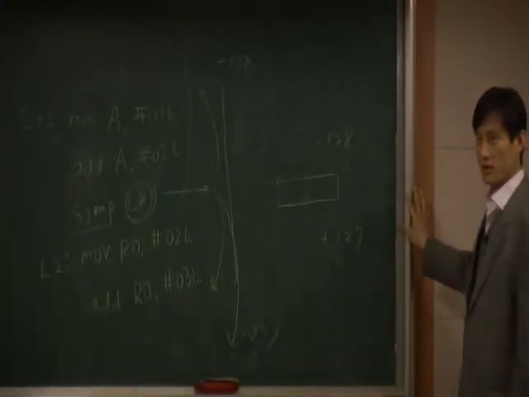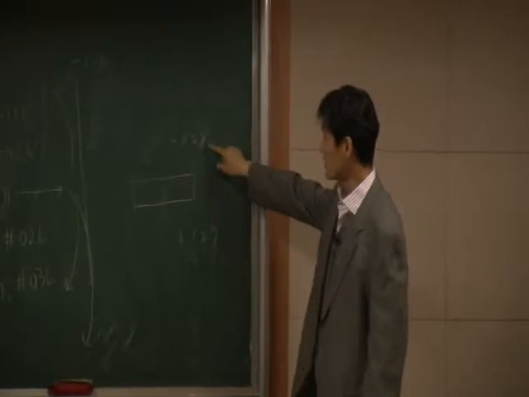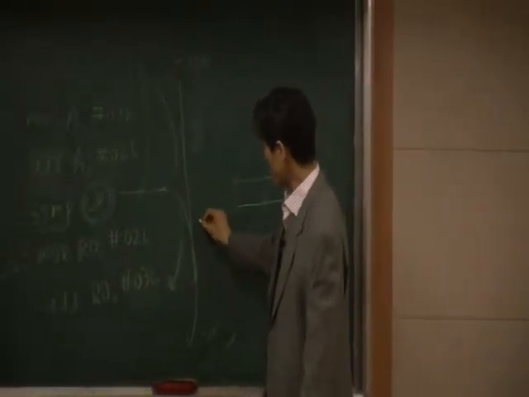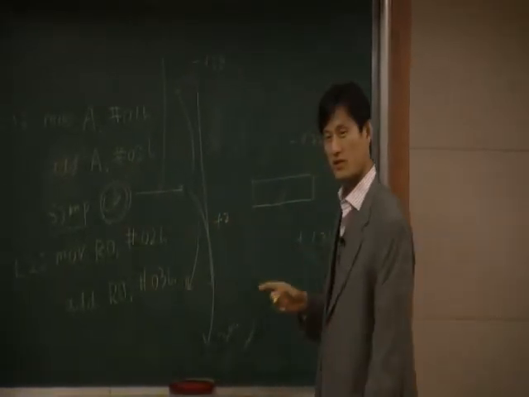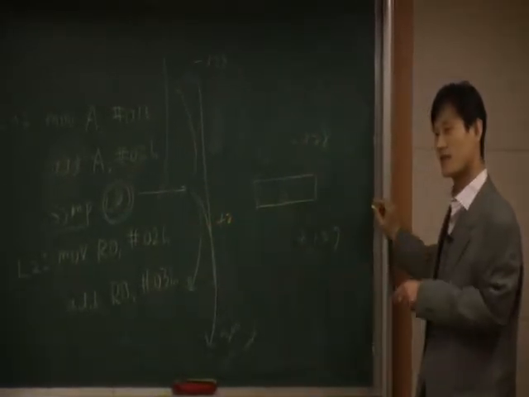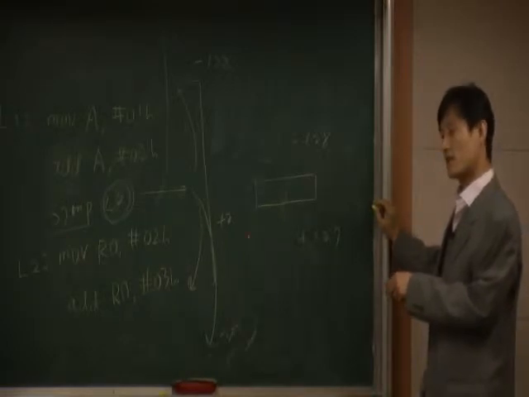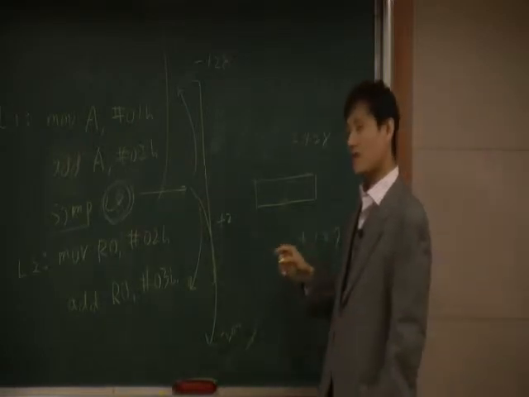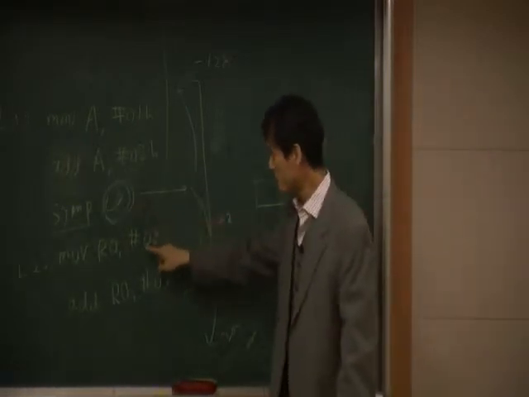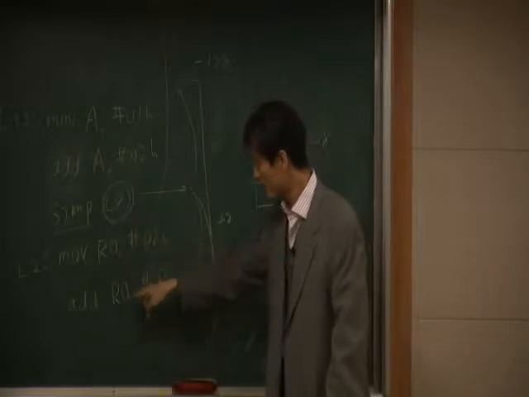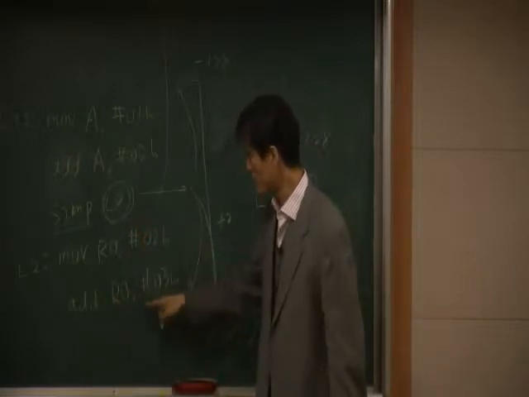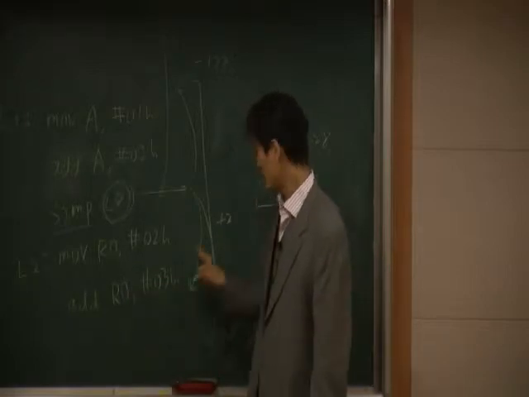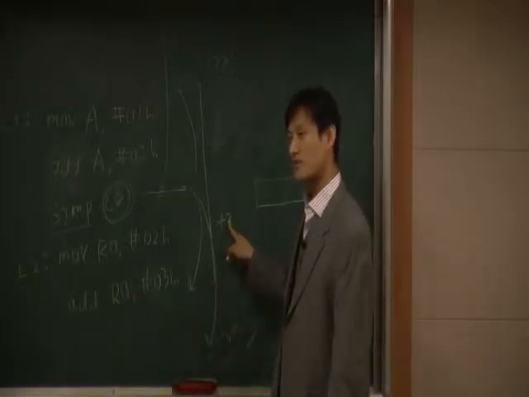One thing to remember is, what is this number? Let's say you are jumping forward and I'm jumping plus 2. What does it mean? What's the unit of this? This is not the number of instructions. Plus 2 does not mean that you are jumping forward 2 instructions.